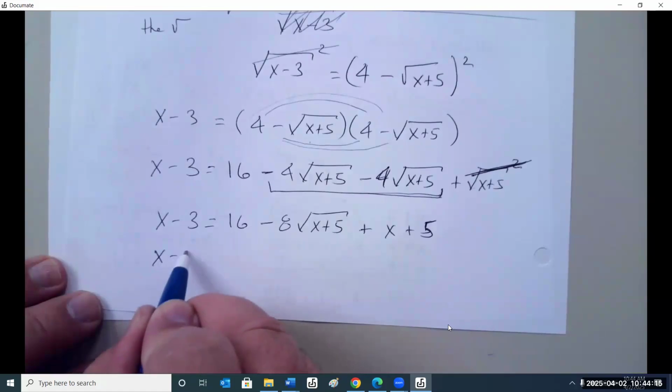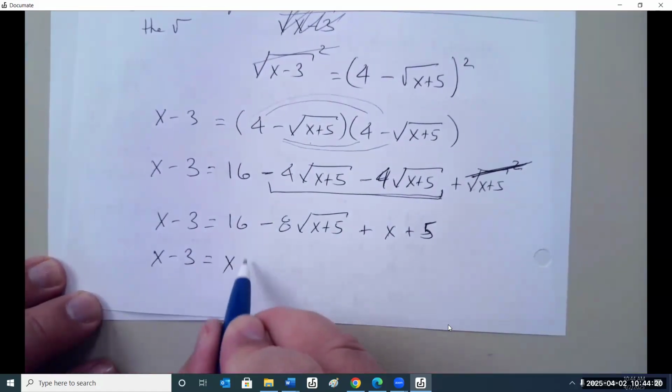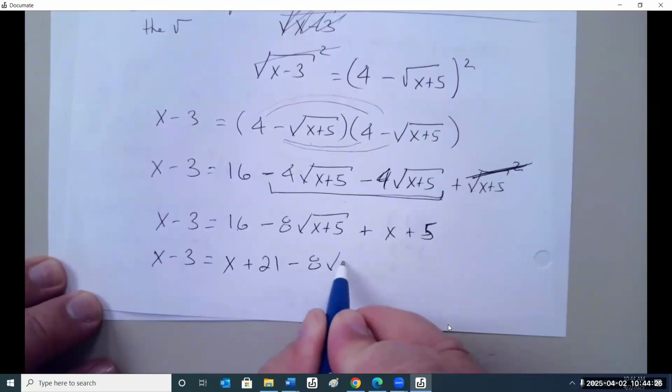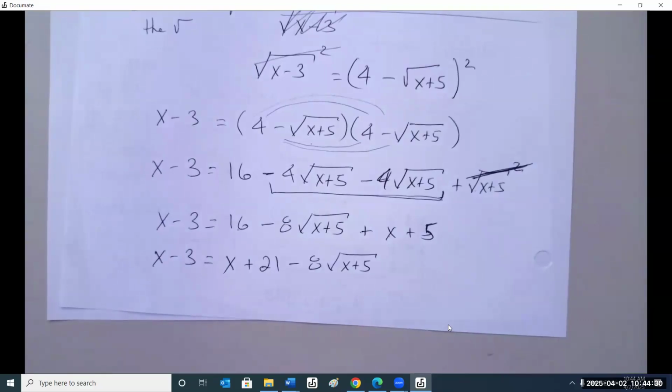Combine like terms. So we have an x. 16 plus 5 is 21. Minus 8 square root of x plus 5. What do you think we do next? We're gonna isolate the radical.